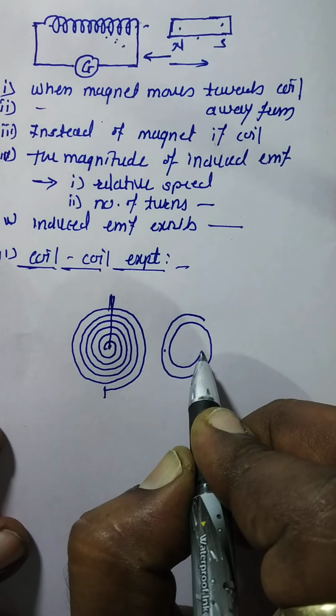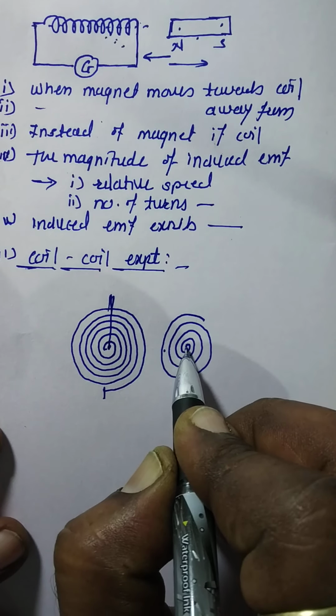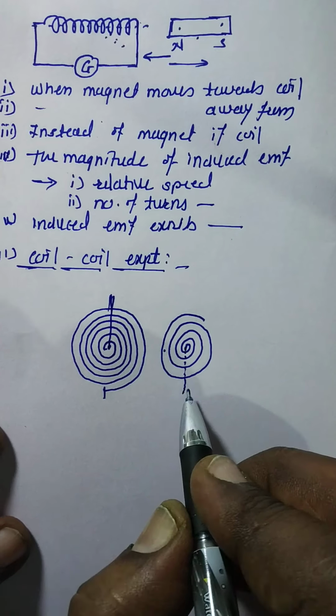Experimental arrangement consists of two coils like this.